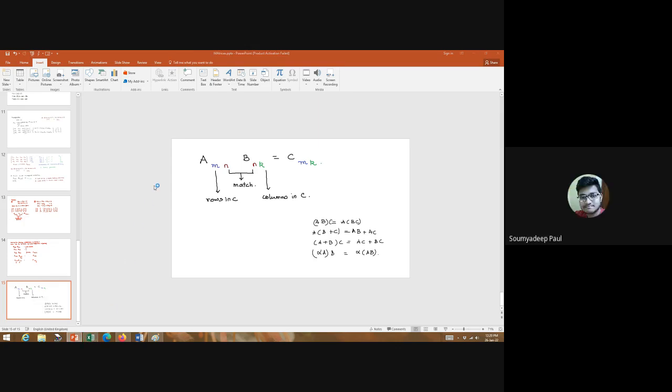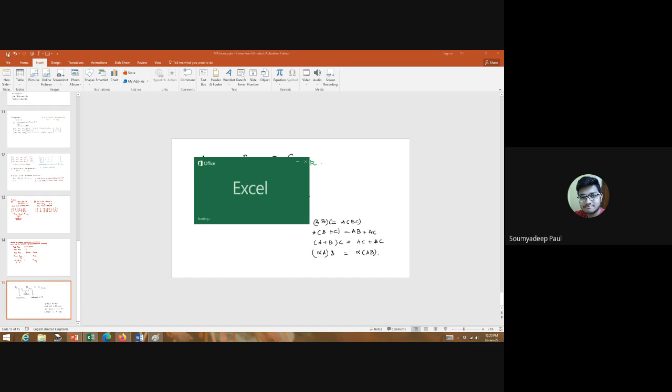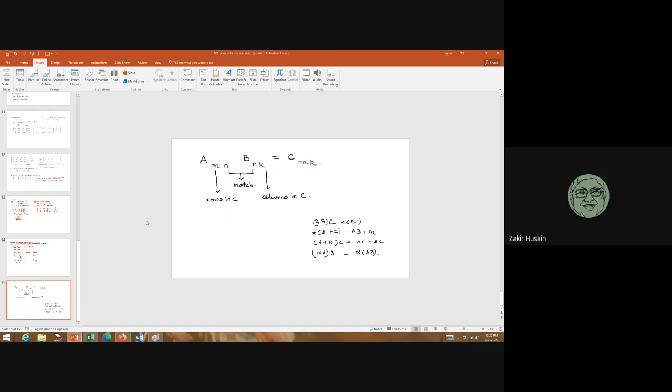Sir, identity matrix, that is A into A inverse equal to I? Sorry, what did you say? A into A inverse equal to I. Is that the identity matrix?